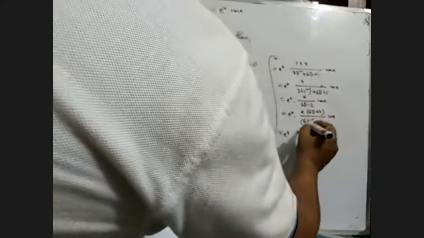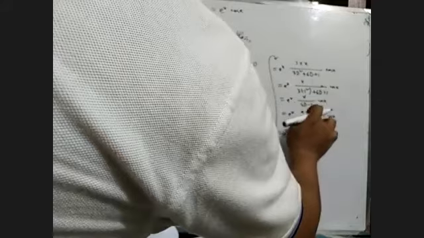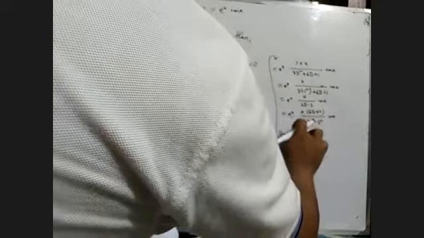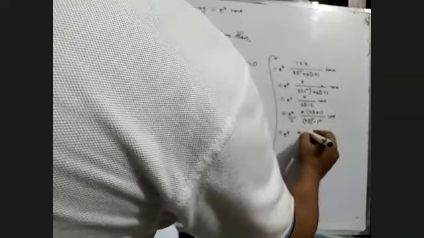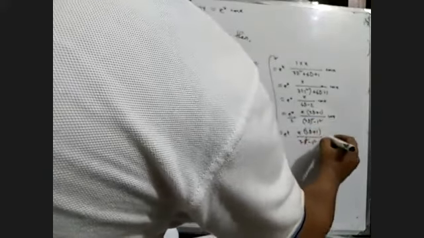If we take 2 common, it will be easier: 2 common, 3D plus 1 divided by 3 into D square minus 1 square.